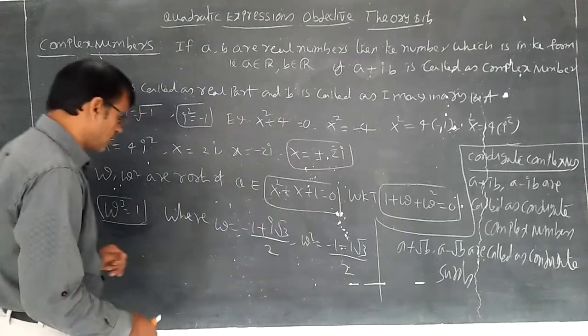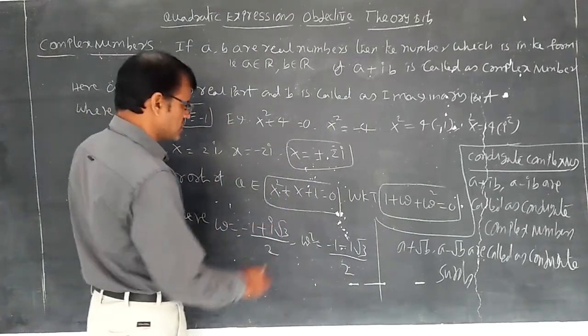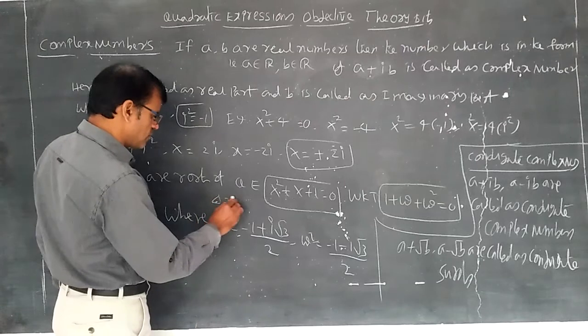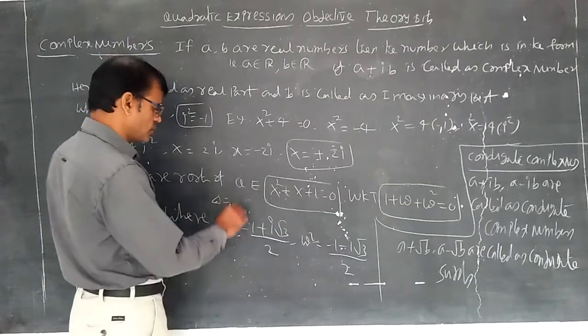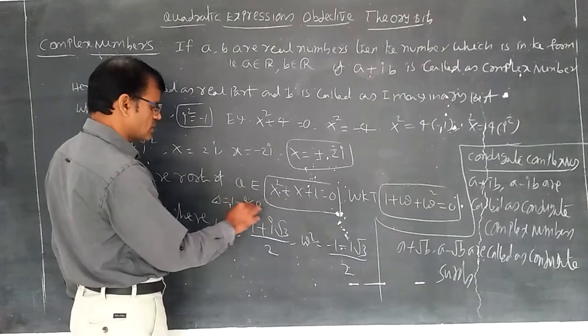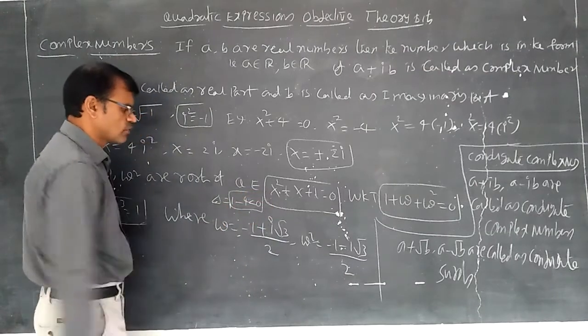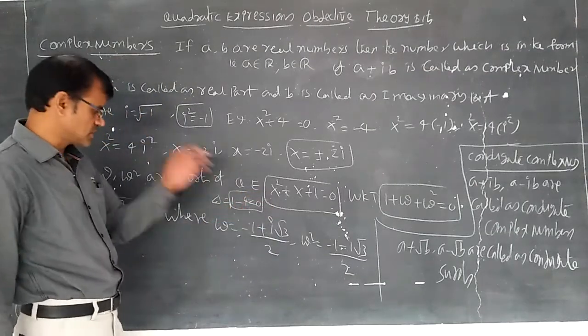In a similar way, if x² + x + 1 = 0, find delta using b² - 4ac: 1 - 4 is less than 0, that is 1 - 4 = -3.